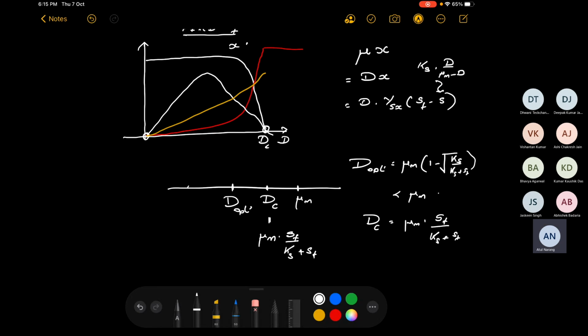Normally, when you do a batch run, you start with a really small amount, x0, and you expand that maybe 100-fold. In most problems, your x0 will be really small compared to Y_xs S0.